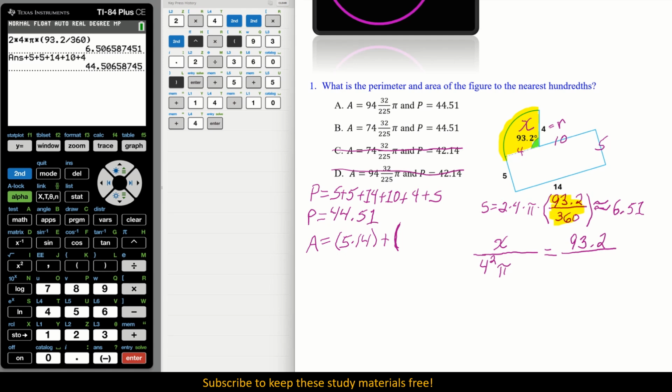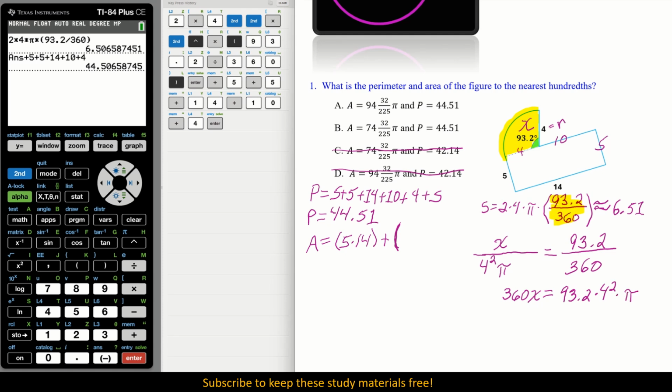93.2 over 360, okay? Now, notice our area is in terms of pi, so we need to keep our pi intact. So we have 360x equals. Now, what are we doing here? We're really taking 93.2 times our 4 squared, but we're going to leave our pi.